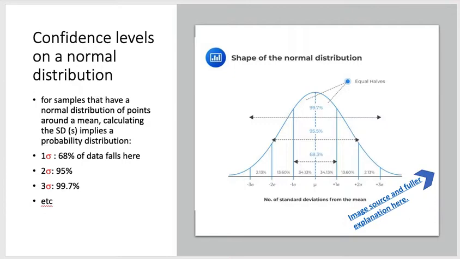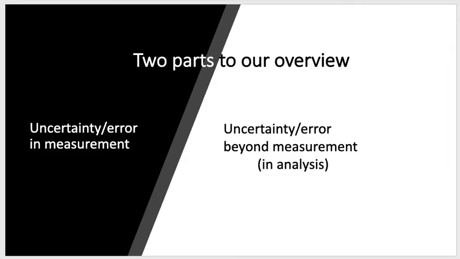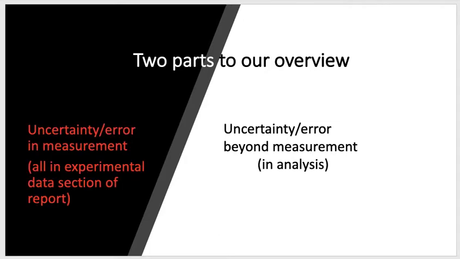So confidence levels, you'll hear talked about, and this is the context for them. So we talked about two parts for our review. The first one we've just finished, which is uncertainty, error, and management. Please notice here that everything about total error, tool error, process error, all of that gets reported in the experimental data section of your lab report.